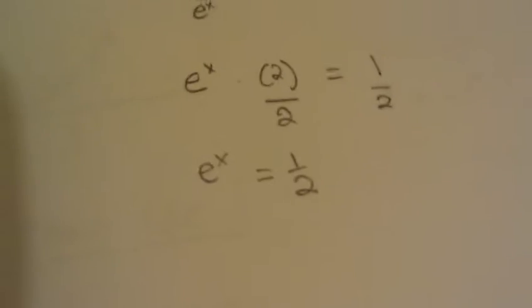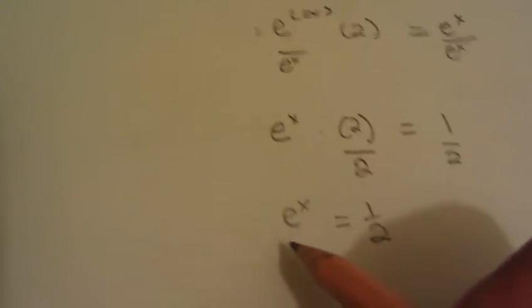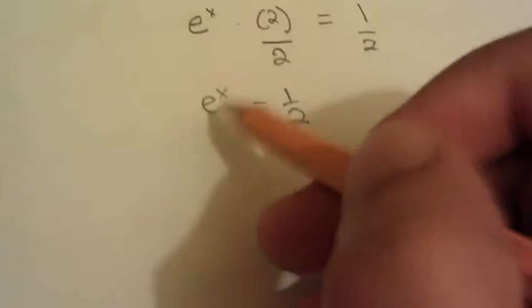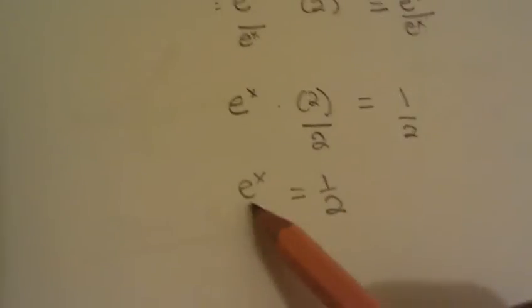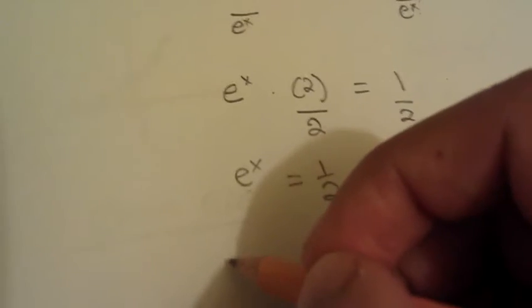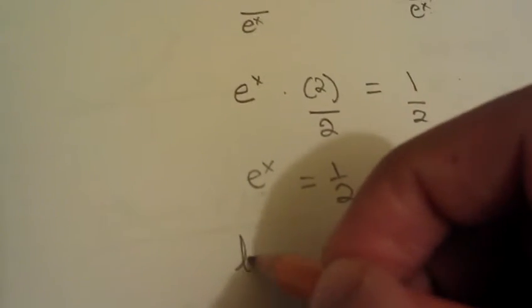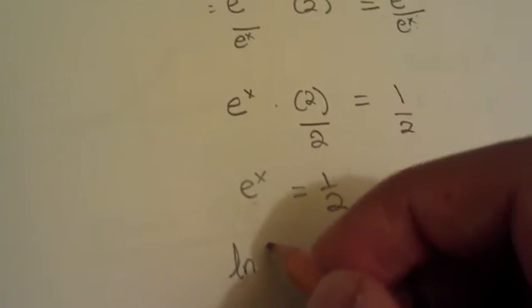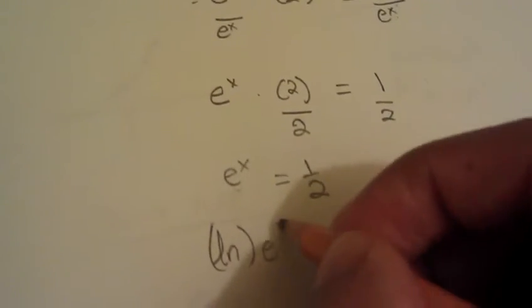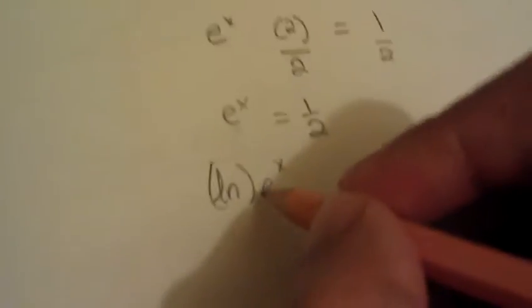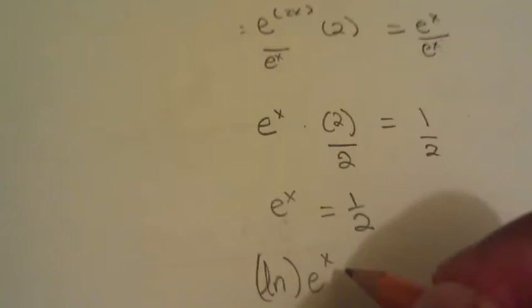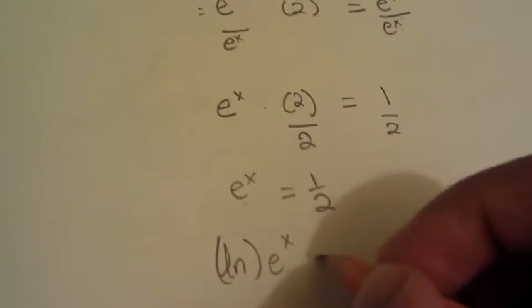Yeah, and then from here, this is, I guess, where the natural log comes into play, because we already know that natural log is the inverse of e. So in order to cancel e, we can just use ln. So we can do ln of e to the x, and we know that they cancel each other out from pre-calculus, I guess.